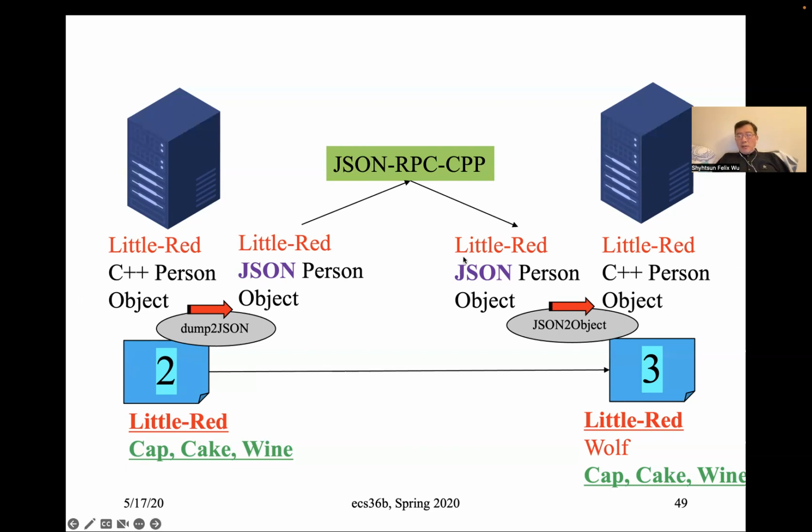So in this sequence, you can see that if you implement these 2 functions successfully using JSON RPC, you essentially move the object in C++ from this location to this location. And you need to do this not just for the person, but also for the 3 things.